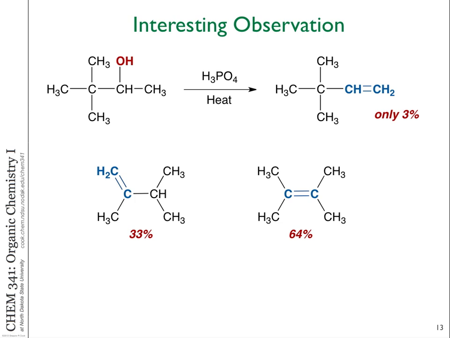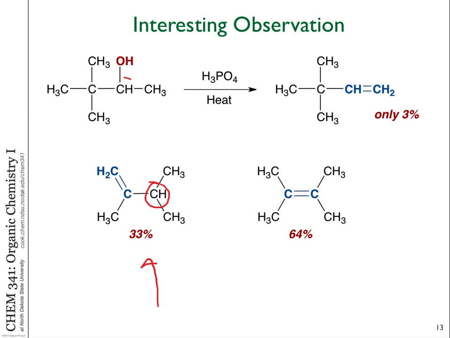Take a look at those products. What has happened in this molecule? The carbon skeleton has rearranged. Okay, we've actually moved a carbon around. So if you look at this product on the left, notice the alcohol was originally here.